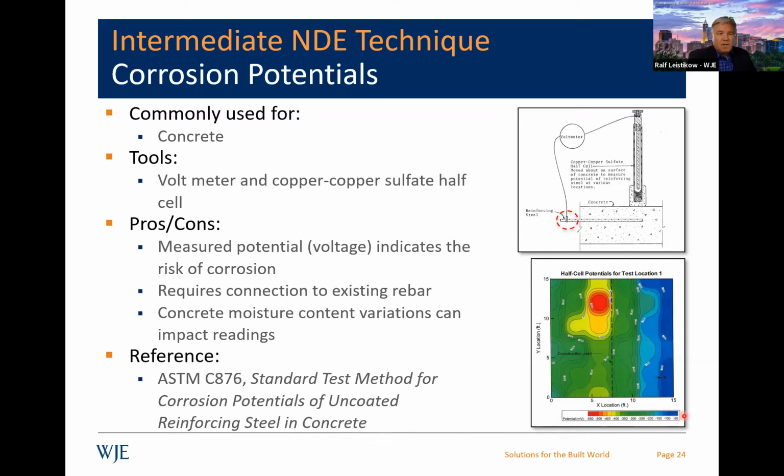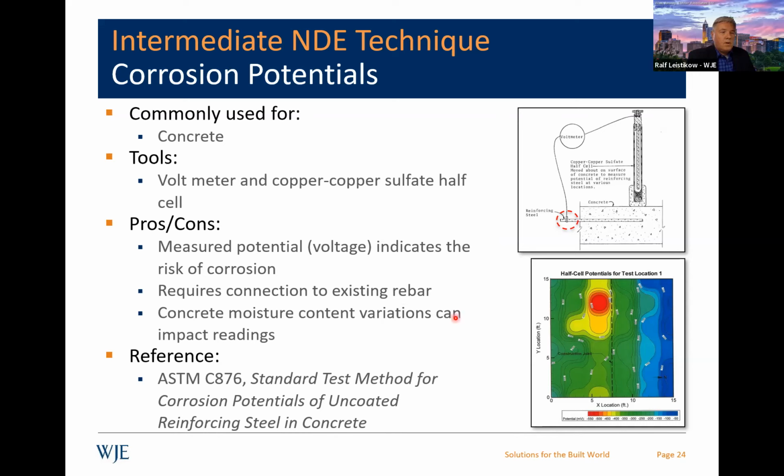If you're going toward the 50 and up, there's not real corrosion potential, but it increases as you go lower, into the negative 500s and so forth. In this particular graph, the red obviously means there's a higher corrosion potential in this area. The reason you would do this is if there've been issues on a structure and you're trying to figure out, as far as service life, the potential for delaminations, that kind of thing, you could do an assessment.